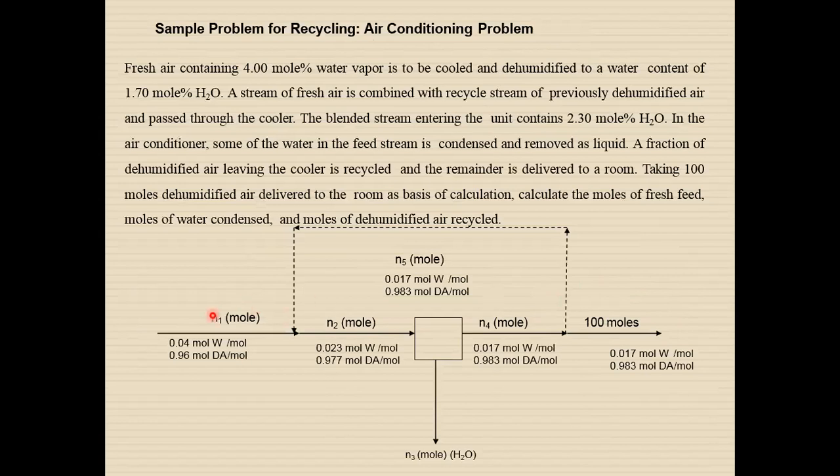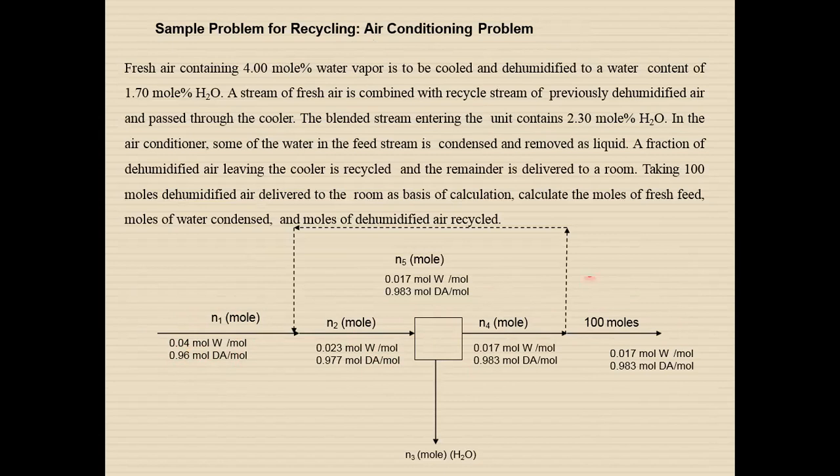As you know, in the question you are given the water content, that is 4%. So the other thing will be your dry air. Dry air will be 1 minus 0.04, that is 0.96 mole fraction, and this is going to your dehumidifier.